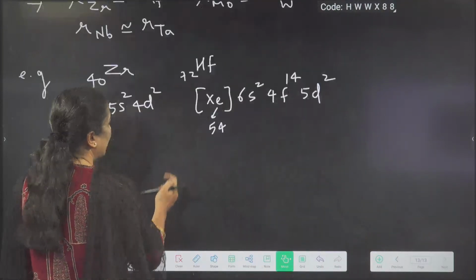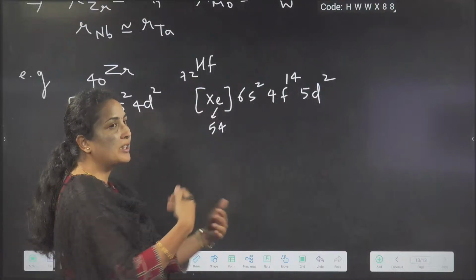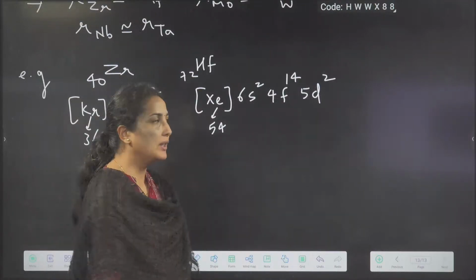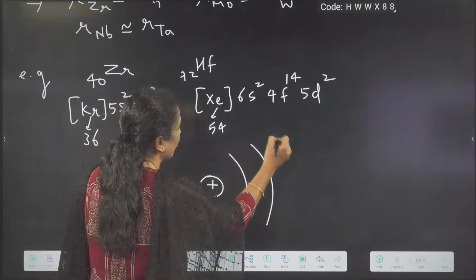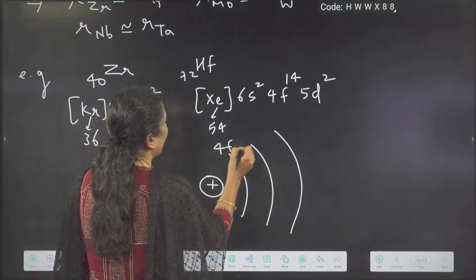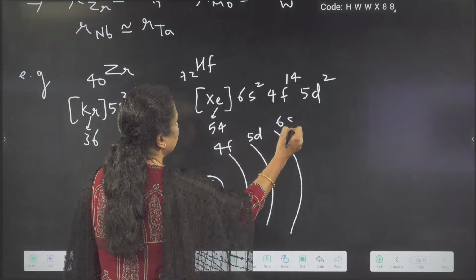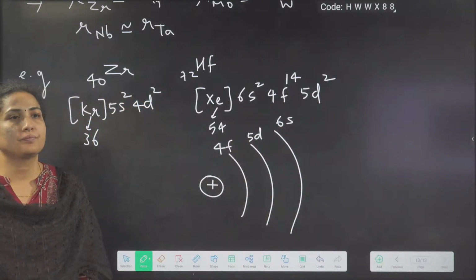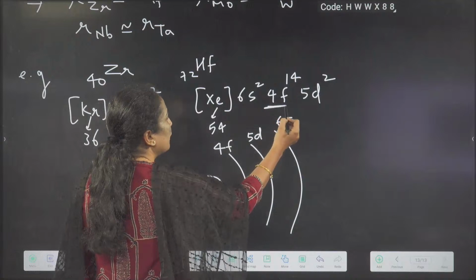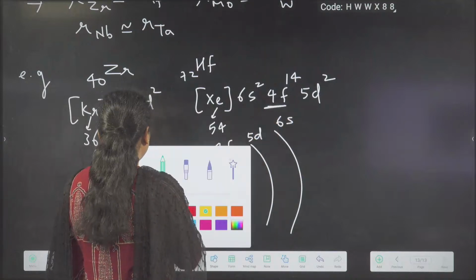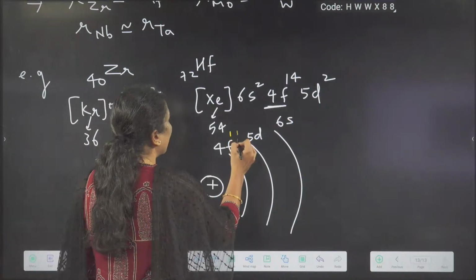Let us try to understand what has happened in hafnium, rather than increasing the size, why it has decreased. Now for simplicity's sake, I'm just going to show you only the last 3 shells, 4f, 5d, 6s. Now, are you able to see 14 electrons being added up in 4f?